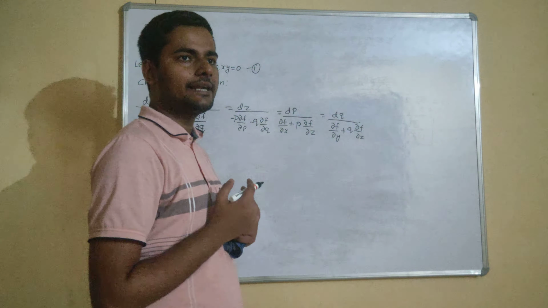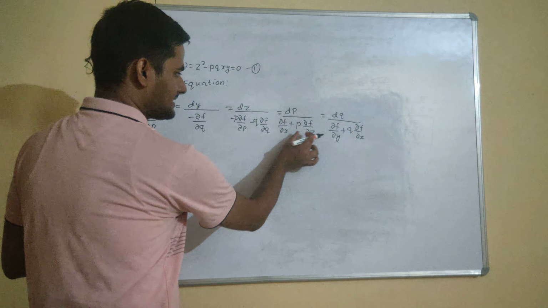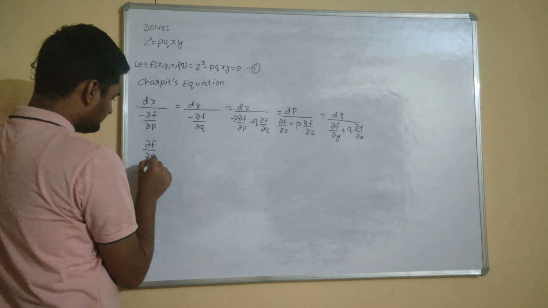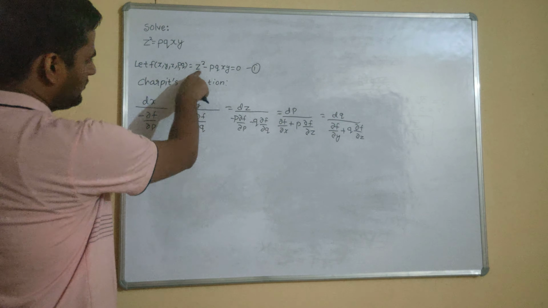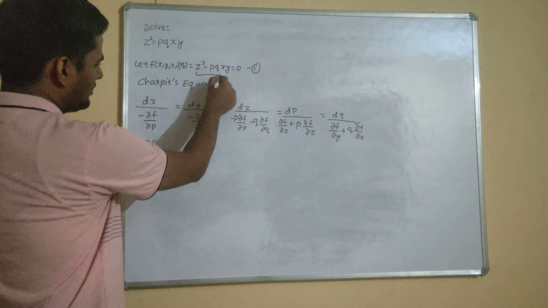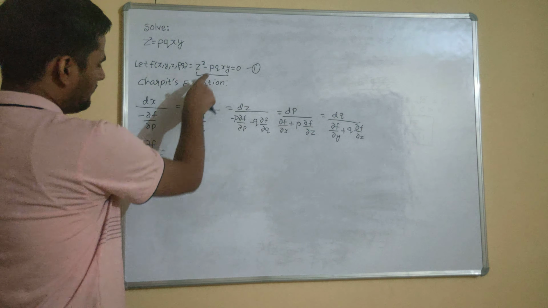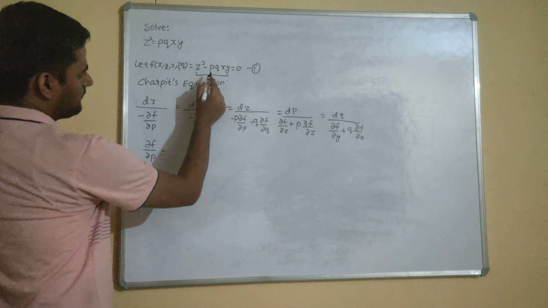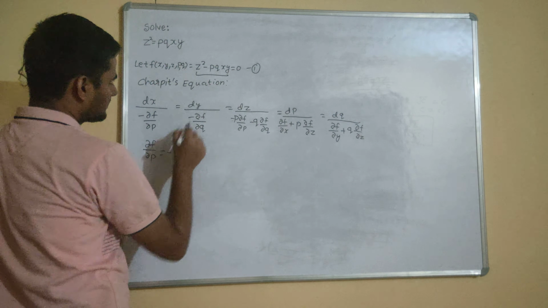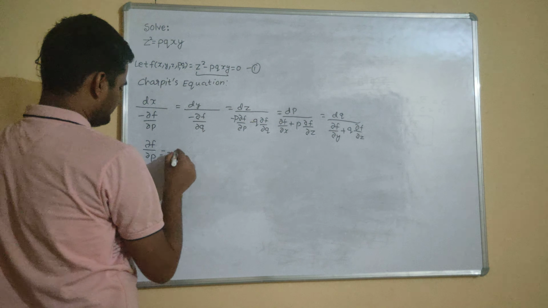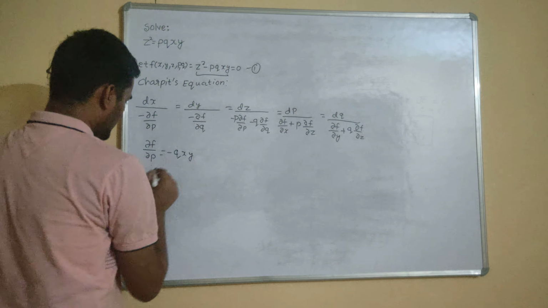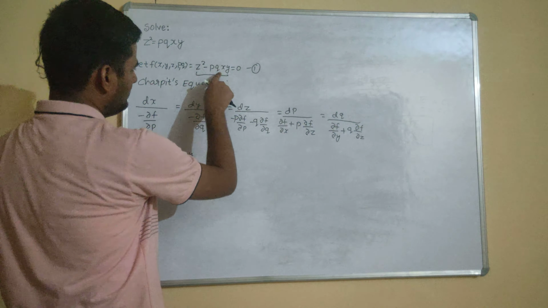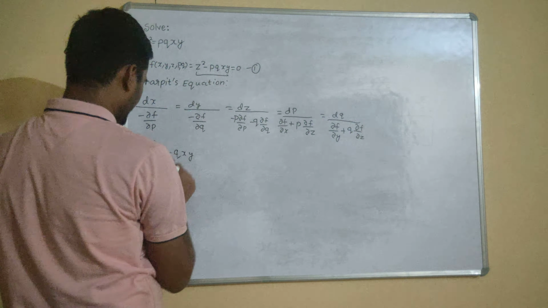Now our next target is to find these elements: del f by del x, del f by del z, and so on. So first, del f by del p. If you look at this equation carefully, the first term will be 0 because we will treat the others as constant. So from here you will get minus qxy. Del f by del q: again the first term derivative is 0, minus pxy.